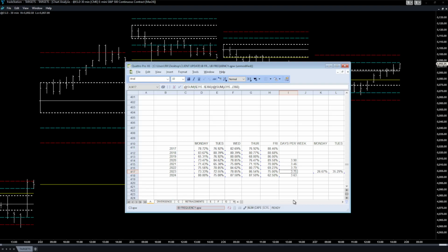So what does that tell you? If on Monday you failed to reach the first standard deviation mark, and on Tuesday you failed to reach the first standard deviation mark, then Wednesday, Thursday, and Friday, in all probability, you will.